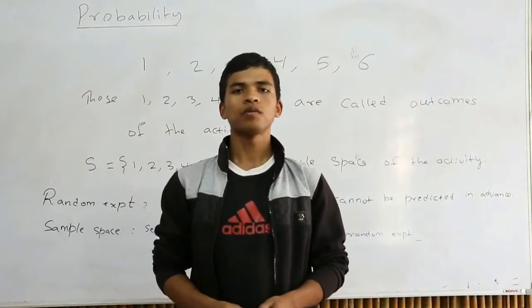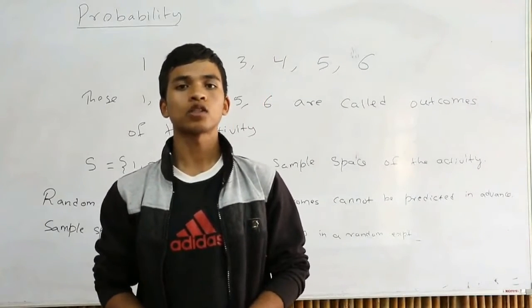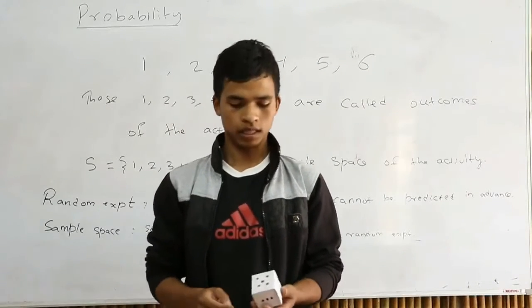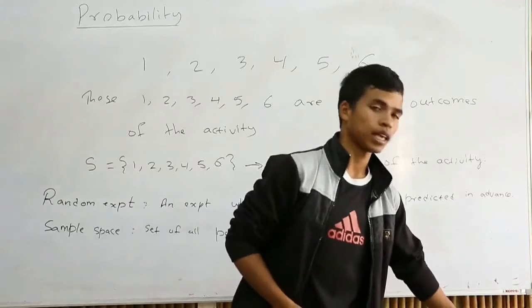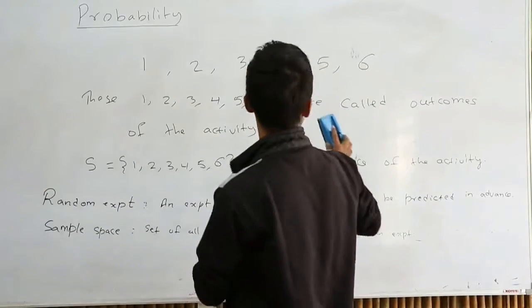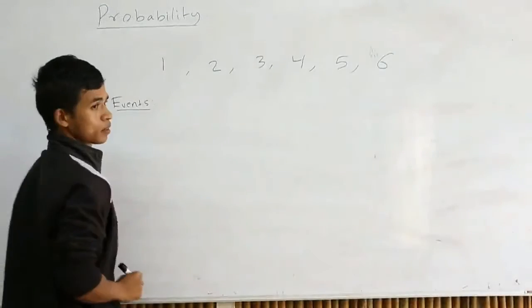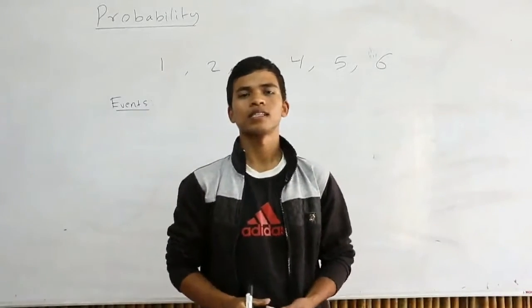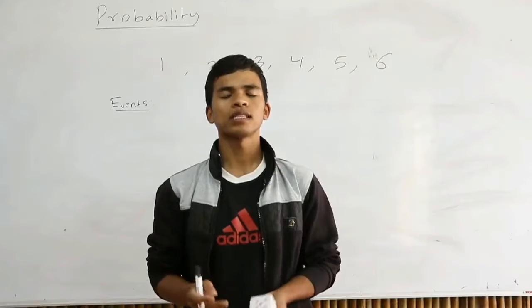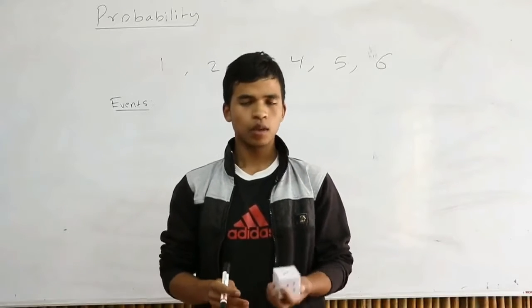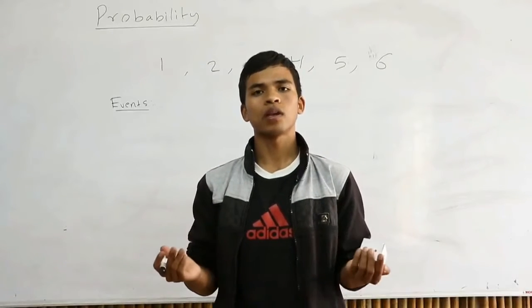Now we will go on to understand some more terms in probability, and one of them is called events. What is the term events in probability? An event is just any possible outcome.